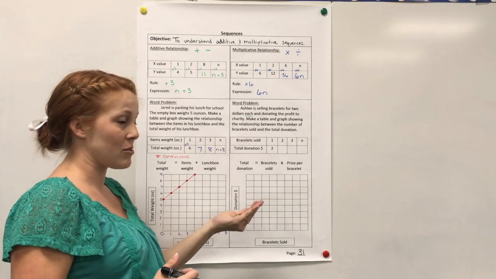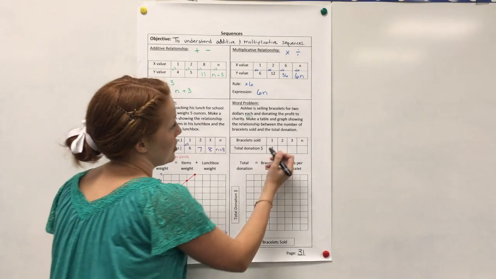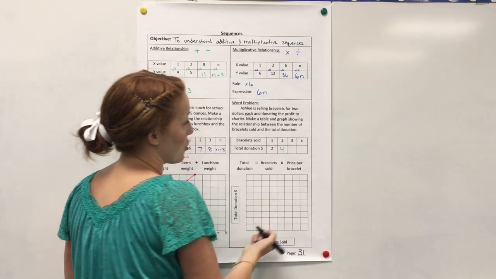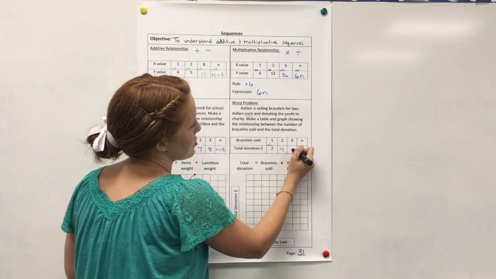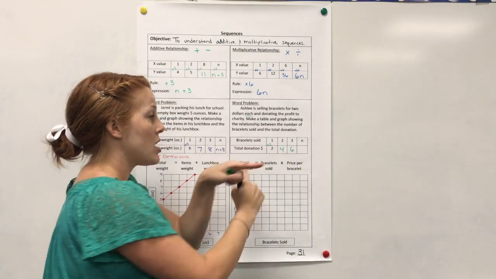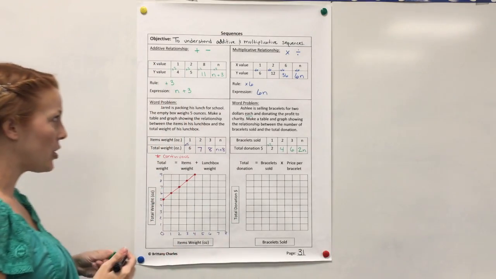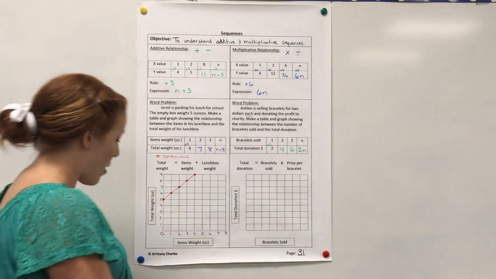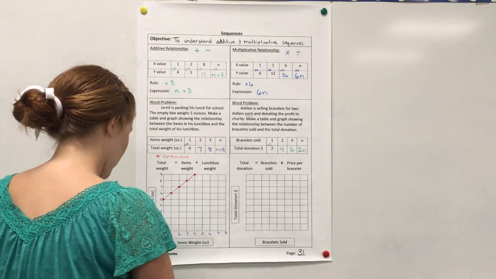If 1 bracelet was $2, if I sell 2 bracelets, that would be $4 that I would now have to donate to charity. So this is times 2. So 3 times 2, this would be 6. And this would be n times 2, but remember, I write that as 2n. Okay, now I'm going to fill out my scale.